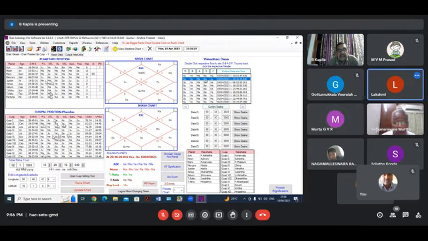Jupiter through Moon is giving 2. Then Jupiter through Ketu. Ketu is not in 2, not in 5, not in 11, but Ketu is Venus and Mars.